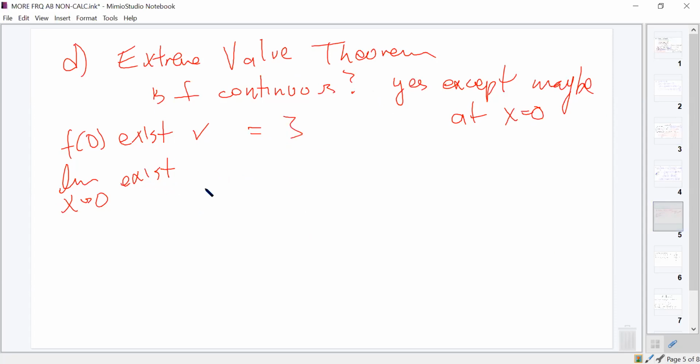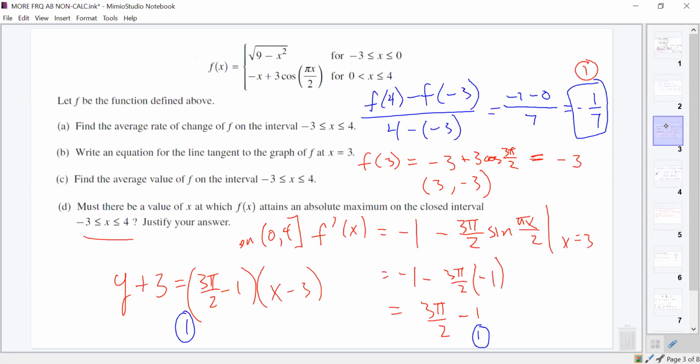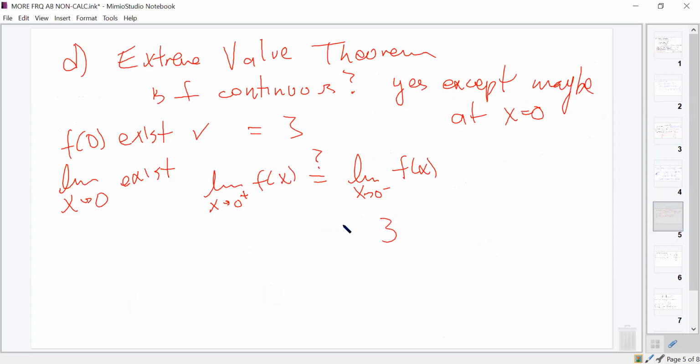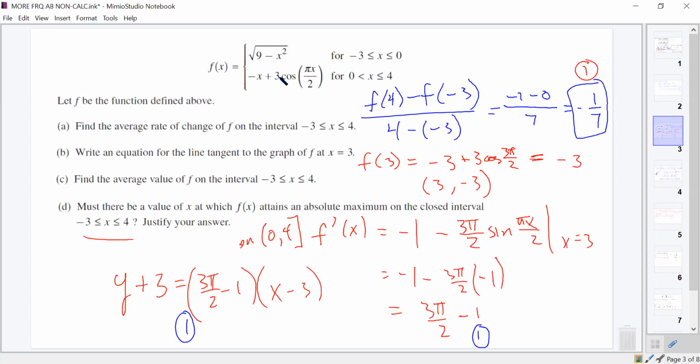So that's where we have to check the limit as x approaches 0 from the right of f of x. And does that equal the limit as x approaches 0 from the left of f of x? So from the left-hand side, we just did that. Right? From the left-hand side, we're using this function as x approaches 0 from the left. Our function is approaching 3. So 3, that's from the left, needs to equal the limit from the right. Well, to figure out the limit from the right, we just need to plug in 0.